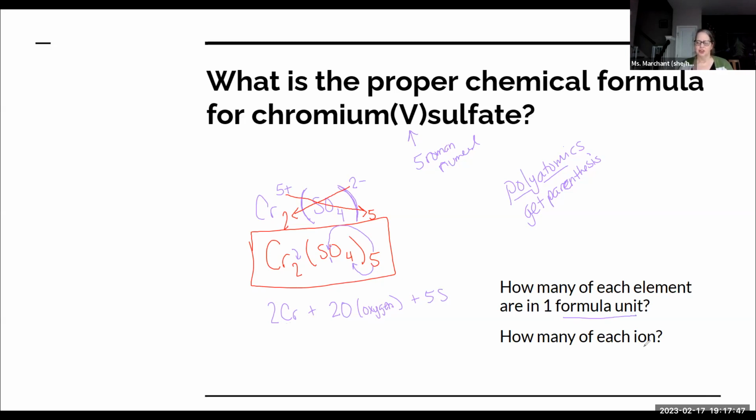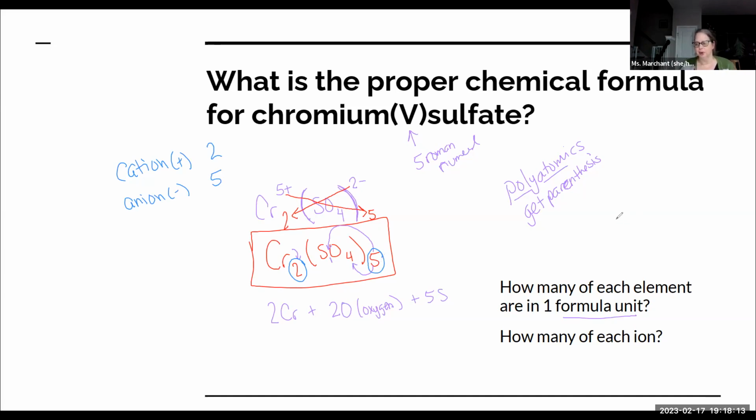How many of each ion? Okay, so ions talking about cations and anions from before. Cations are the positive ones. Okay, and how many of the positives? We have 2. Anions are the negative ones. We have 5 sulfate anions. So again, you're looking outside the parentheses.